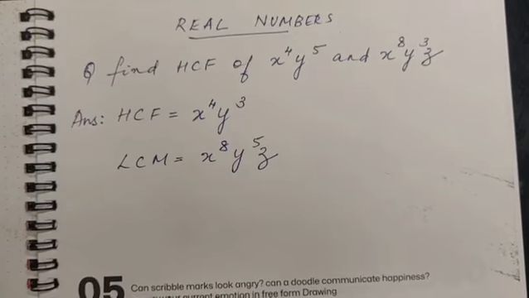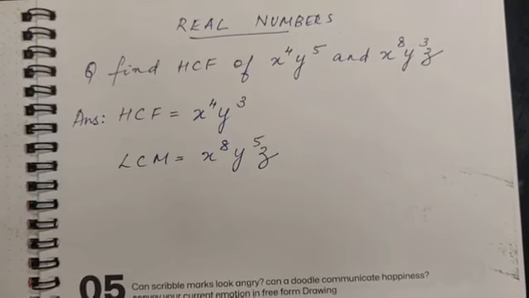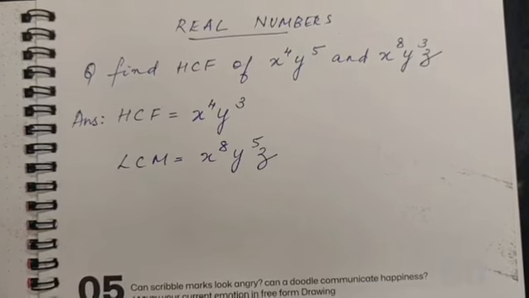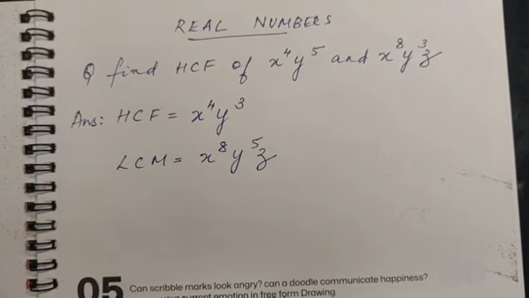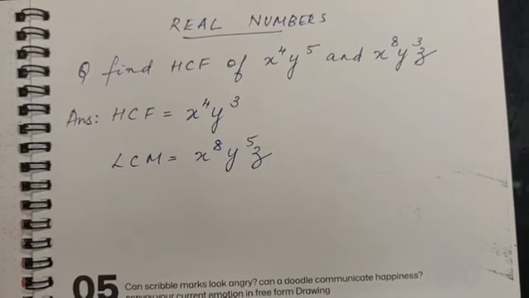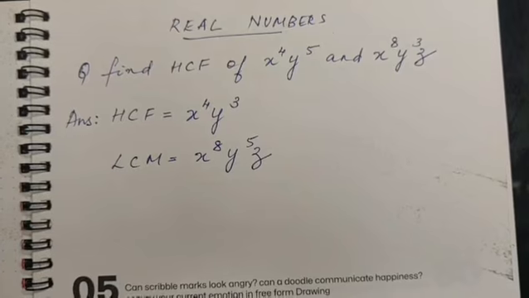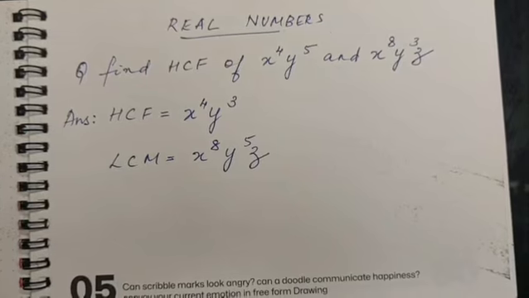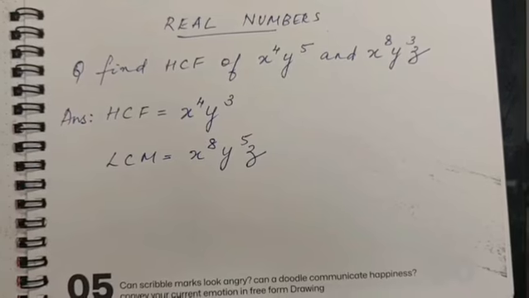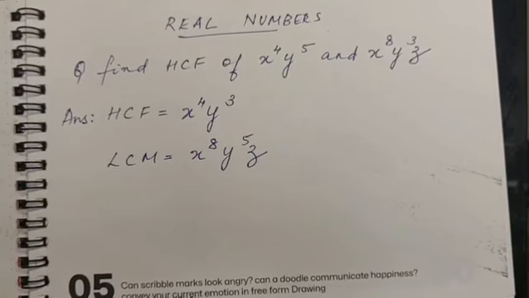Now coming to the LCM, least common multiple, here what you have to do is, first we'll see the common factors with the highest power. Coming to x raised to 4, and for the second number x raised to 8, here the biggest power is x raised to 8. Now moving to the next factor, that is y raised to 5 and y raised to 3.